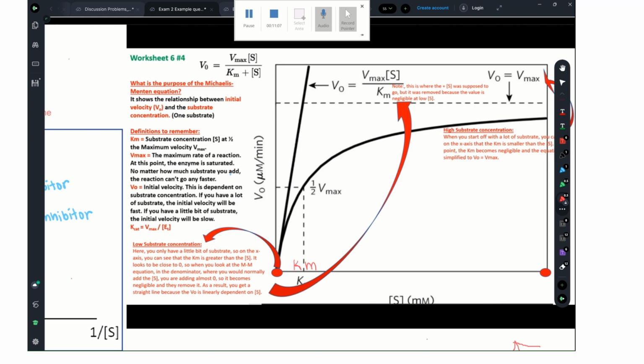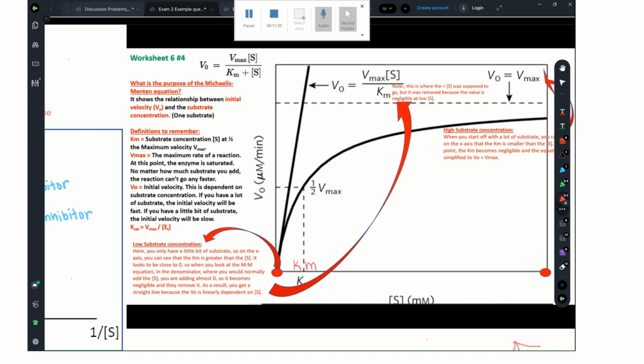Also, we have a video on YouTube for the Michaelis-Menten stuff. If you need help, you can go look at that. But I'm going to cover just some important terminology. What is the purpose of the Michaelis-Menten equation? It shows the relationship between the initial velocity, which is V naught, and the substrate concentration.